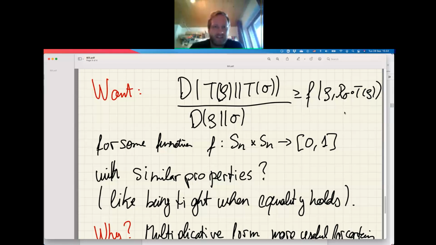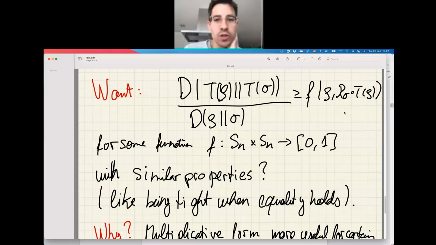This was just a response to Joe's question. Joe was mentioning that strong data processing inequalities have been studied, obviously by classical people like Ahlswede and Dobrushin and many others. I'm not an expert, but as far as I read Joe's question, the question was what is different now.